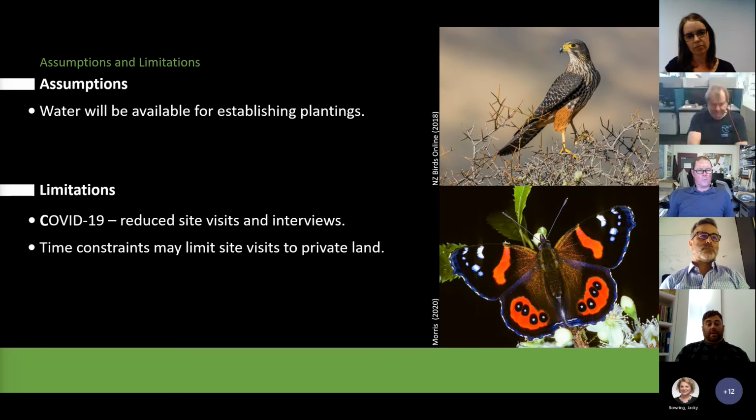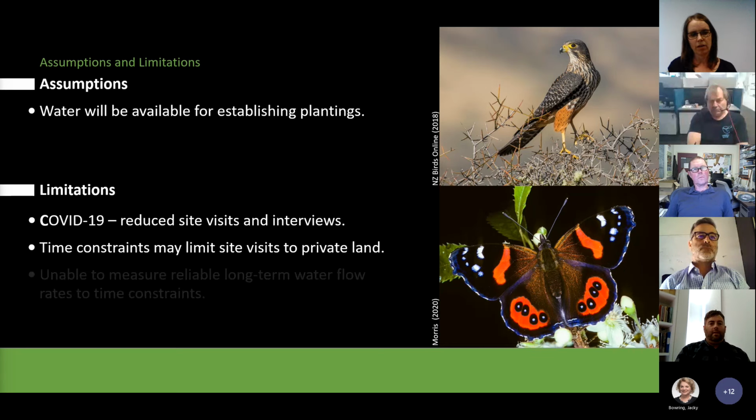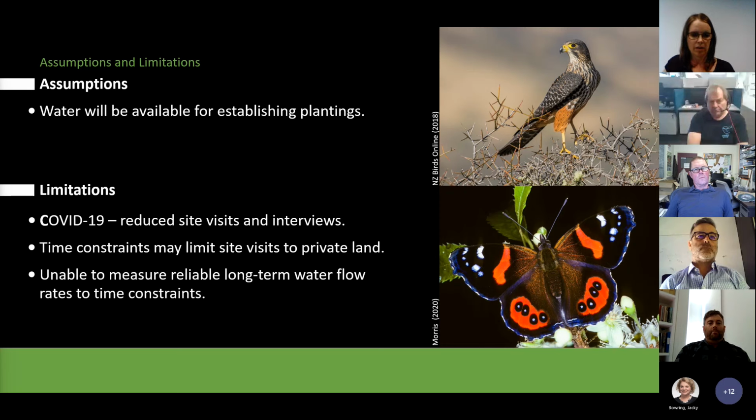However, at this stage I've decided there's not enough time available to do both. That may still come back in at the end. And being unable to measure long-term water rates due to the time constraints.